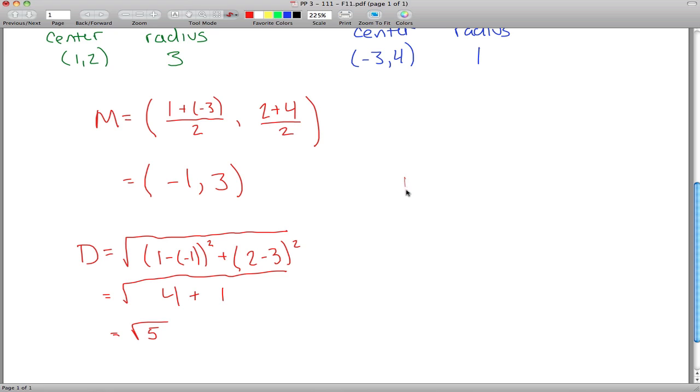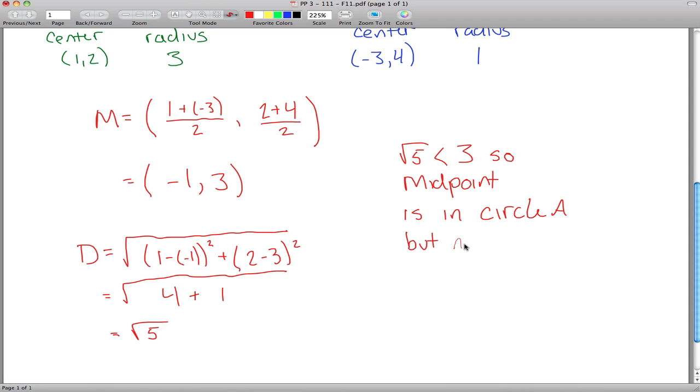So the square root of 5 is less than 3, so the midpoint is in circle A. But the square root of 5 is not less than 1, so the midpoint is not in circle B.